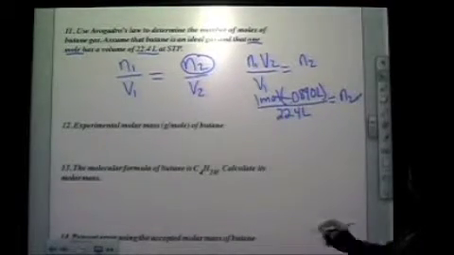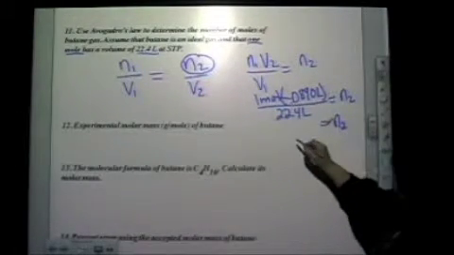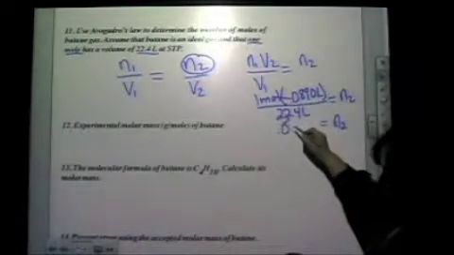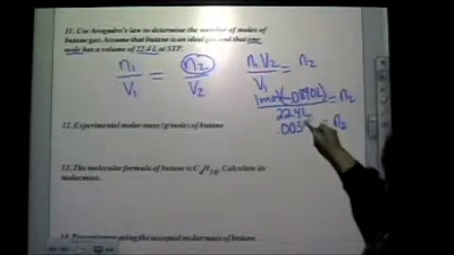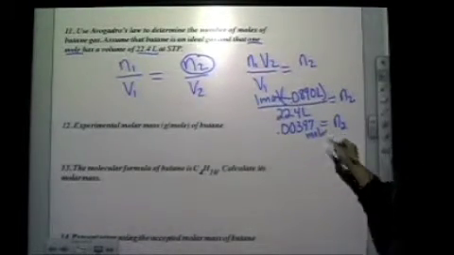Dividing that out, you should get 0.00397 moles. Okay.